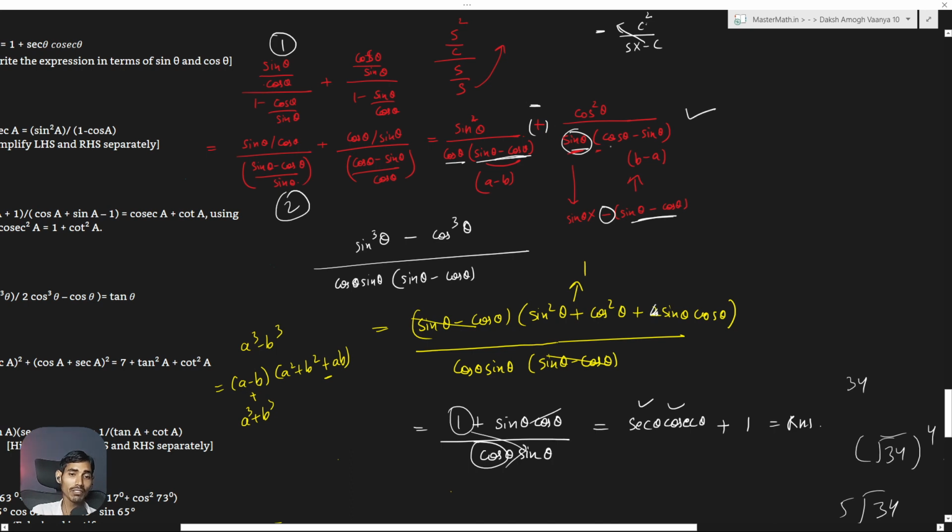Third step is taking the negative common, because we'll get sine theta minus cos theta, which would help in the further steps when we take the LCM. When we take the LCM, this is what we get. Fourth step, we use the a cube minus b cube identity, simplify it, use the square identity, game over.